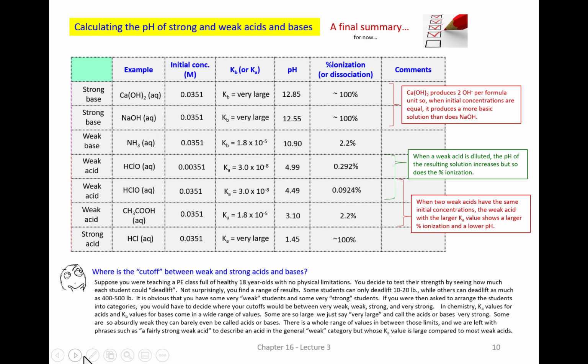Now some are so absurdly weak that we can barely even call them acids or bases. There is a whole range of values in between those limits, and we are left with phrases such as a fairly strong weak acid to describe an acid that's in general in the weak category, but whose Ka value is large compared to most weak acids.